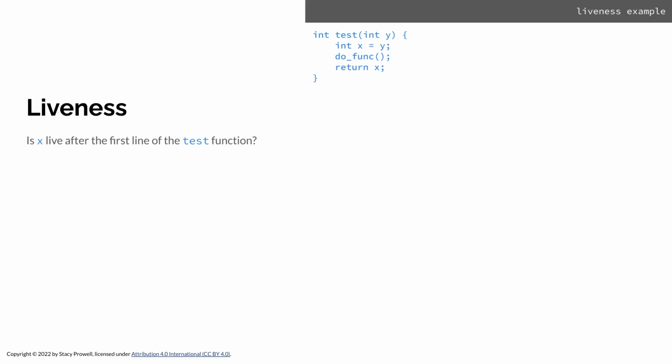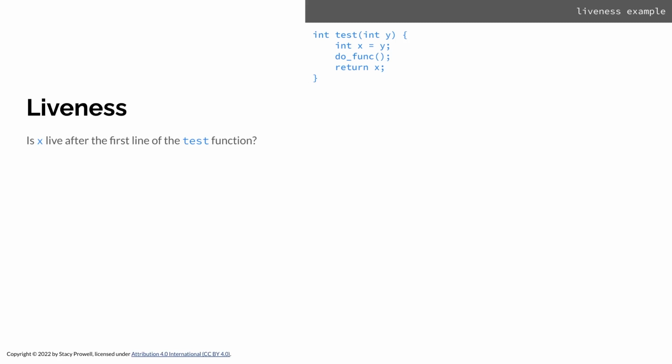So the question here for this little C code on the right hand side is: is X live after the first line of test? And the obvious answer is yeah, it's live because there's a path from here to the end that reads the value. I return X. Since there's a path that reads it, it must be live.